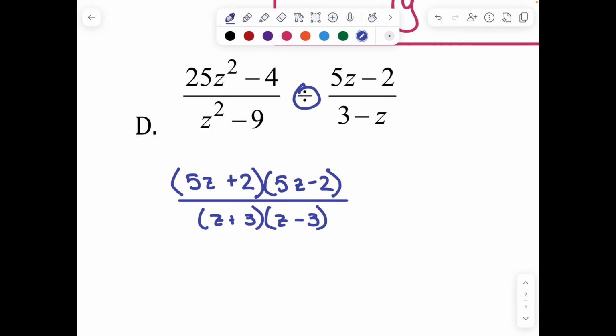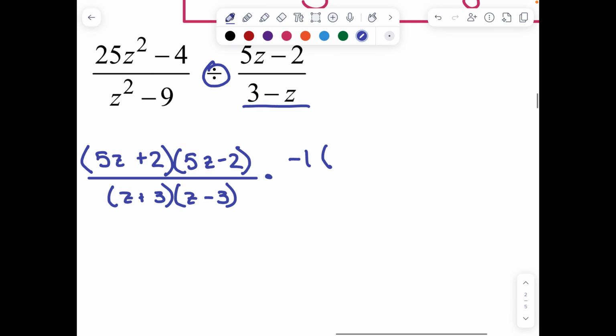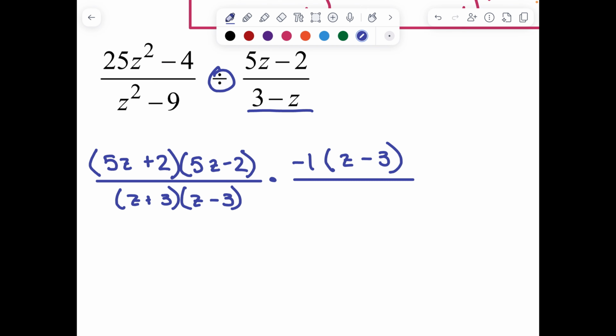I am going to change this division now to multiplication. I'm going to factor 3 minus z. I'm going to factor out a negative 1 as my greatest common factor, because I always want my variable to be positive if I can. So that's going to give me positive z minus 3 over 5z minus 2. I cannot do anything to that, so we leave it as 5z minus 2.